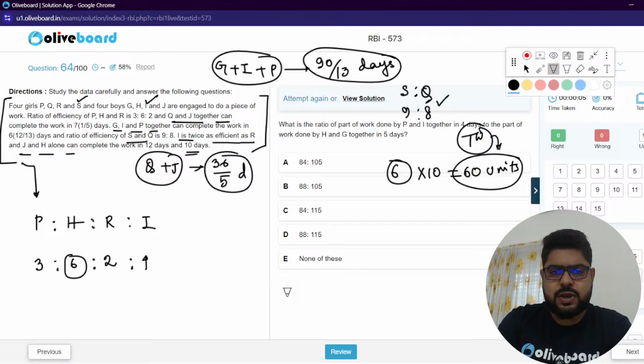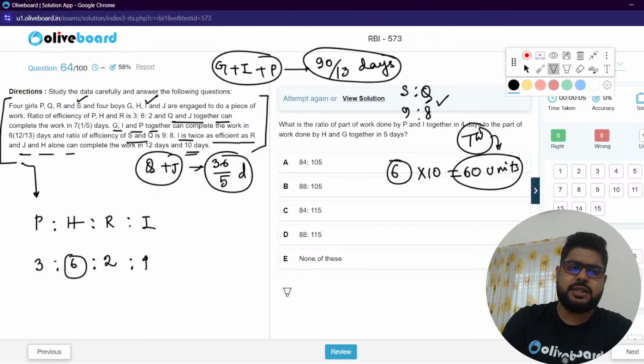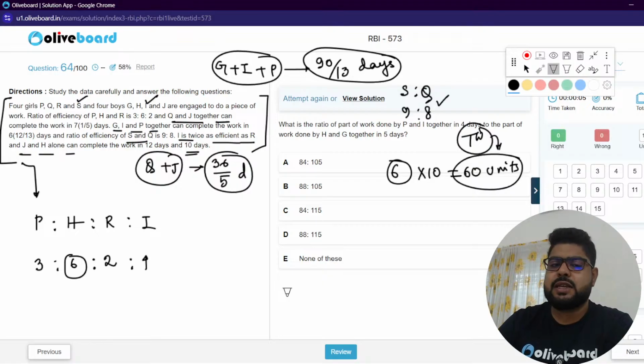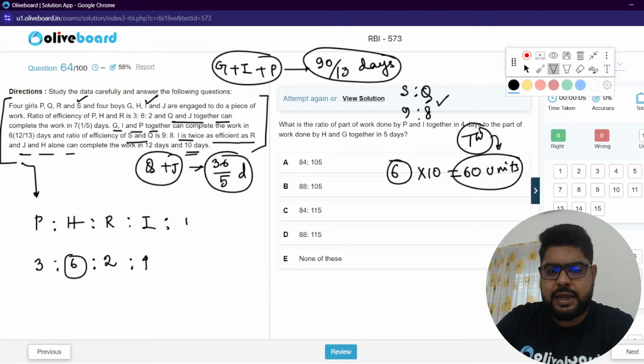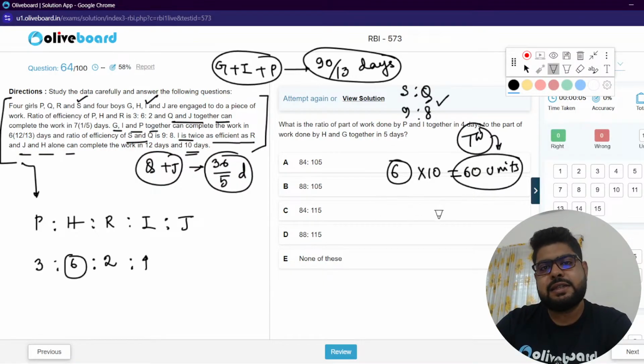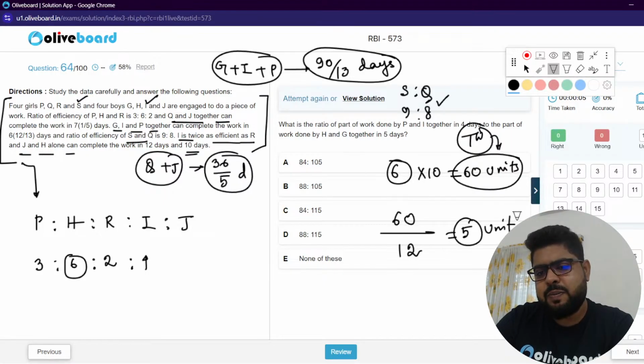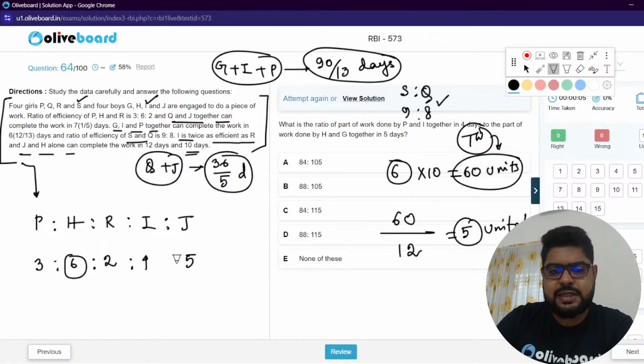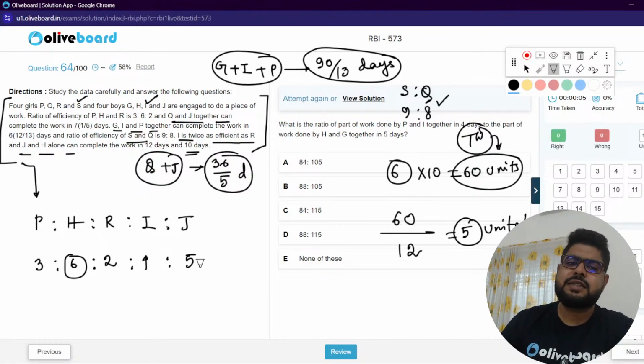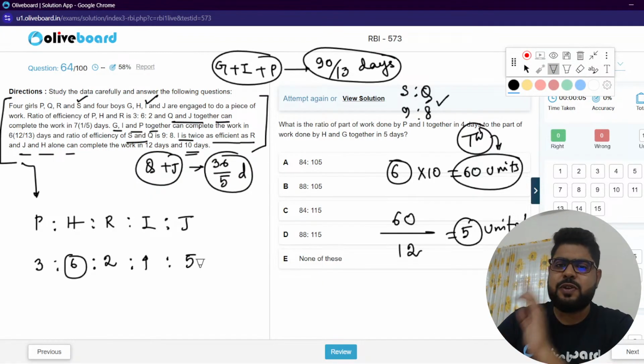Q plus J together, 60 units. So let's figure out J's efficiency. J can complete 60 units in 12 days. So J's efficiency is 5 units per day. Correct, sir? So we found that out.